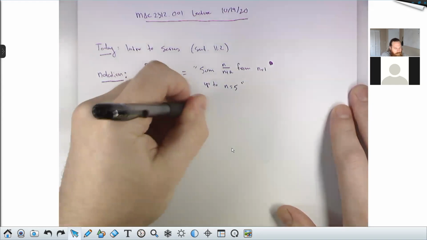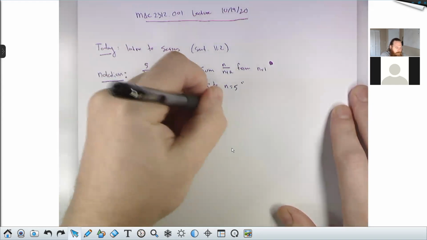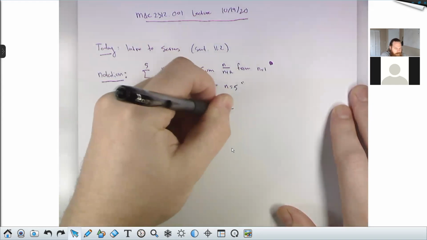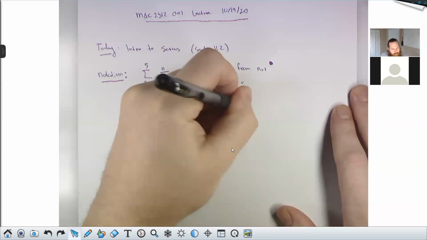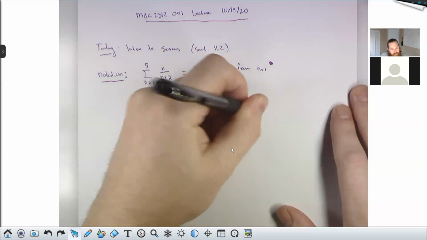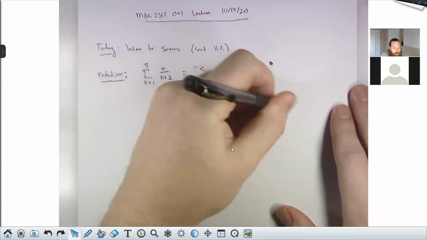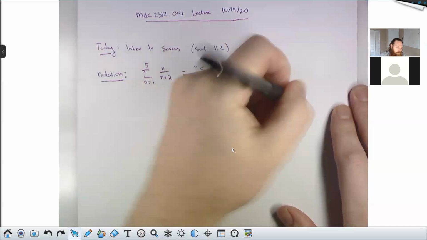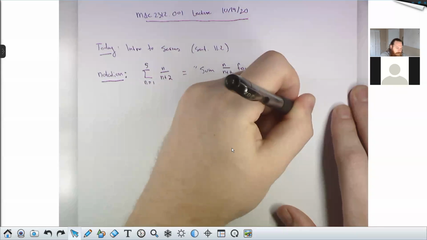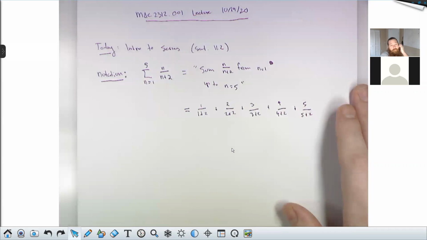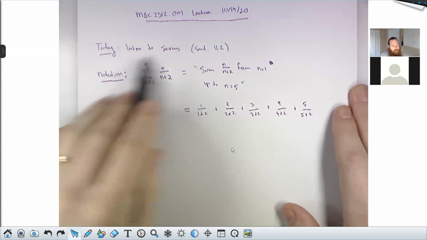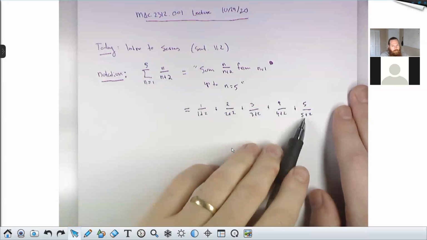So that's 1 over 1 plus 2, plus 2 over 2 plus 2, plus 3 over 3 plus 2, plus 4 over 4 plus 2, plus 5 over 5 plus 2. Right? This sum right now looks like this.